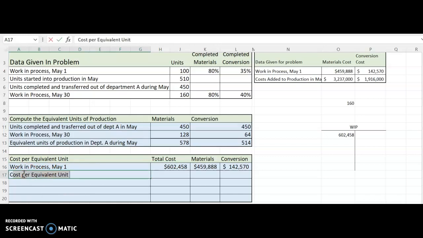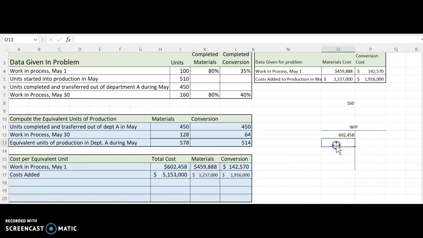Now, we're going to do the costs that were added during the period. So this is going to increase our inventory. So your costs added, again, we're just going to pull this from our table. Here's the materials. And then here is conversion. And then we're going to get our total materials and conversion, and that's our total costs that have been added for the period.